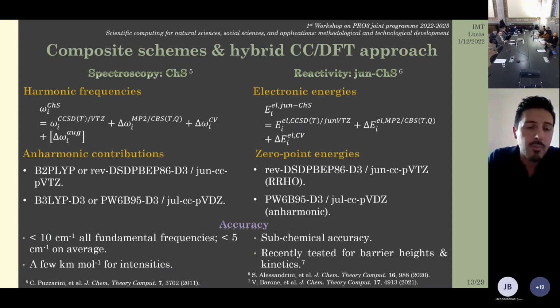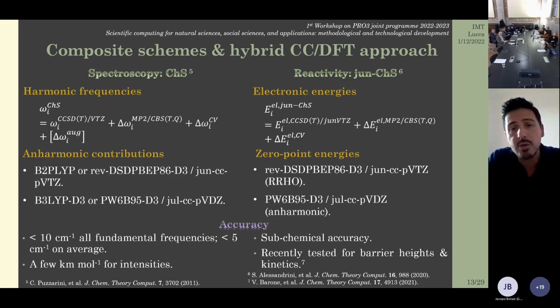By using our methods, we can reach an average accuracy of 5 wave numbers for the prediction of transition frequencies, and all transition frequencies are predicted within 10 wave numbers.